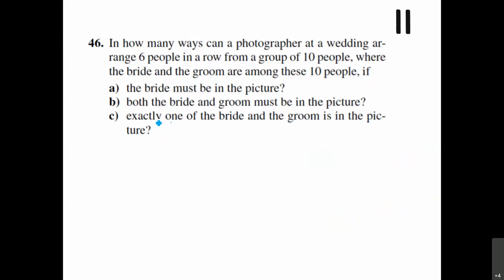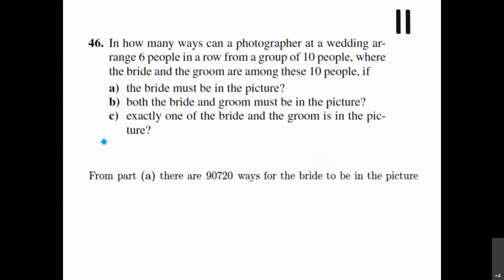Okay, let's do this. Well, why not try to calculate the pictures where the bride is in, then the pictures where the groom is in, and then subtract both. And kind of like part A and part B, we're helping you with that.